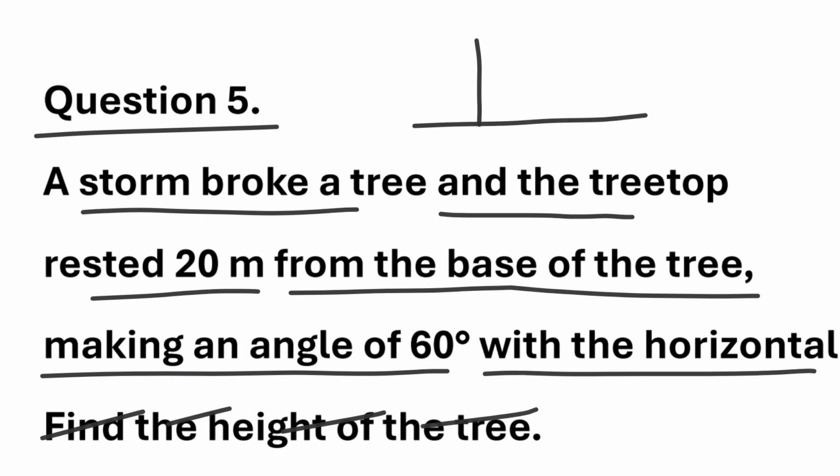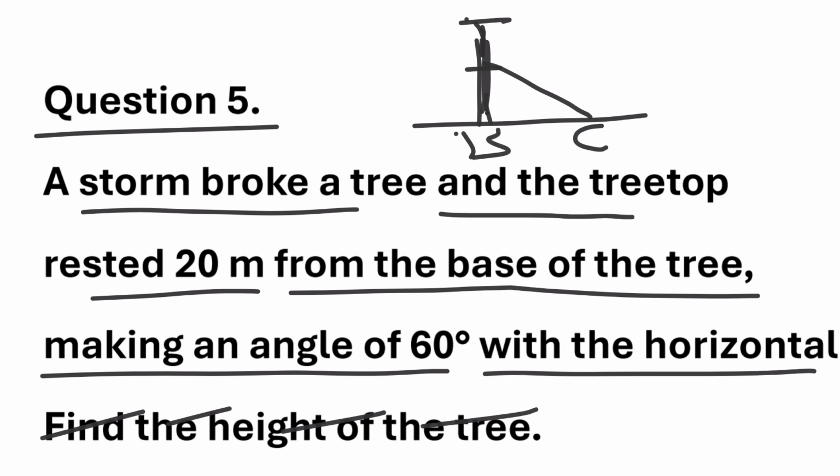Suppose this is the ground and this is the tree. Now this tree breaks here, suppose. Then the part above the break falls this way, and this top touches the ground at C. Now this is the base of the tree.